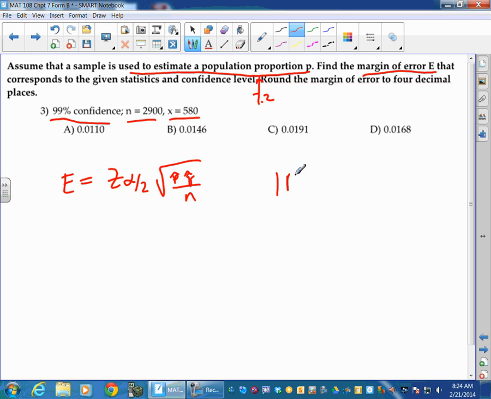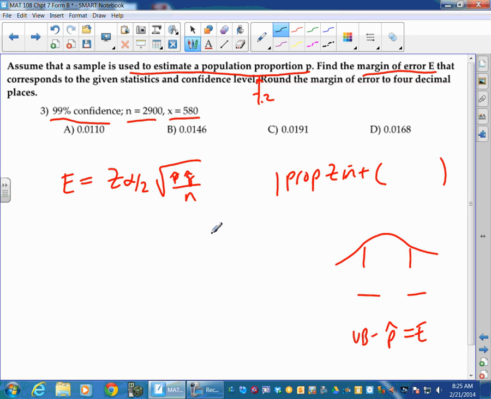You can do 1 prop Z int. You can calculate your interval. And once you get these numbers right here, you can then subtract upper bound minus P hat to find the error. So which direction do you want to go? Makes no difference to me.